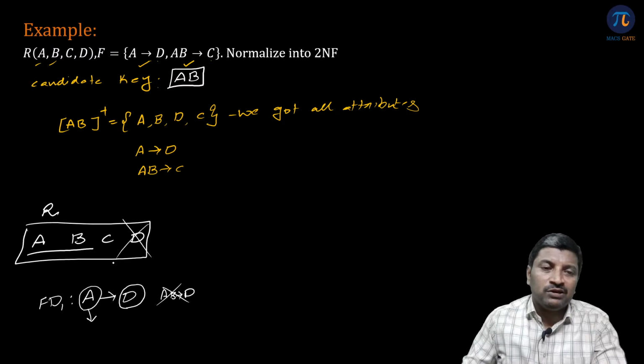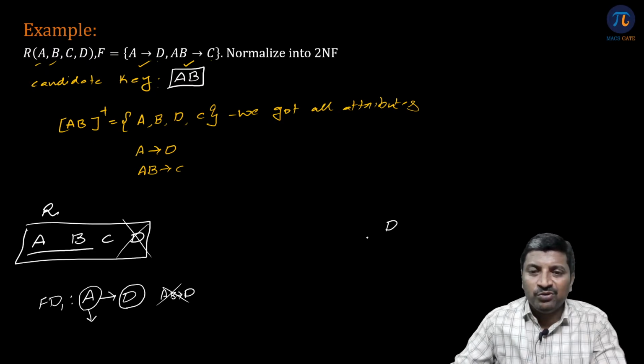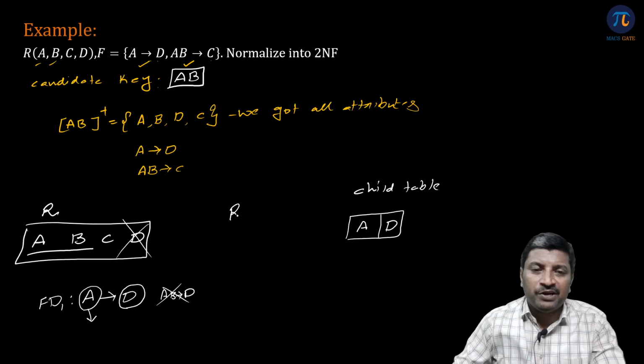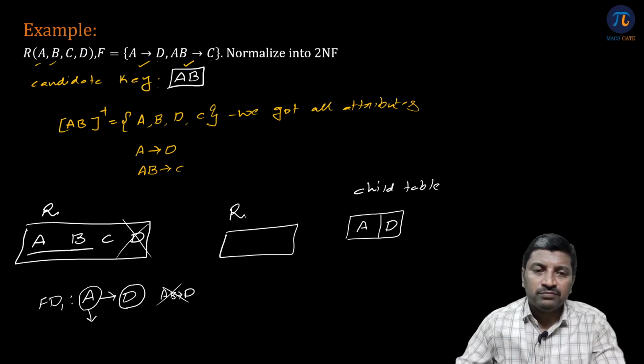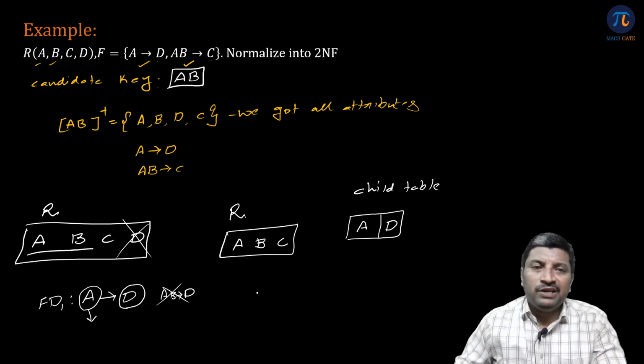What I need to do, sir? Delete it. Form a new table. Who is responsible for the villainism of D, sir? A. So this is my child table. Then what else do you have in the parent table, sir? A, B, C. Any other dependencies?